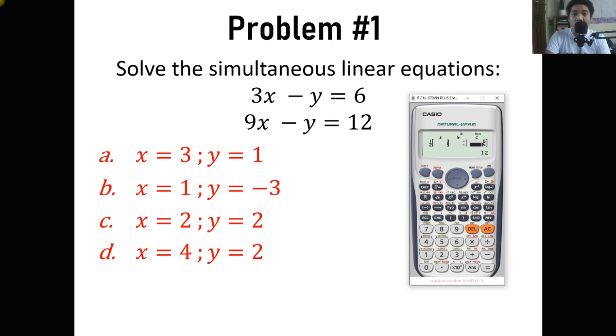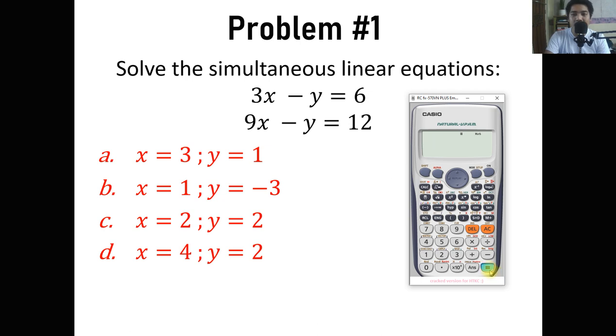After we input all of those coefficients of our two equations, it's now time to calculate, or press the equal sign. And there you have it: the value of x that we inputted in the value of a equals 1, and the value of y equals -3.